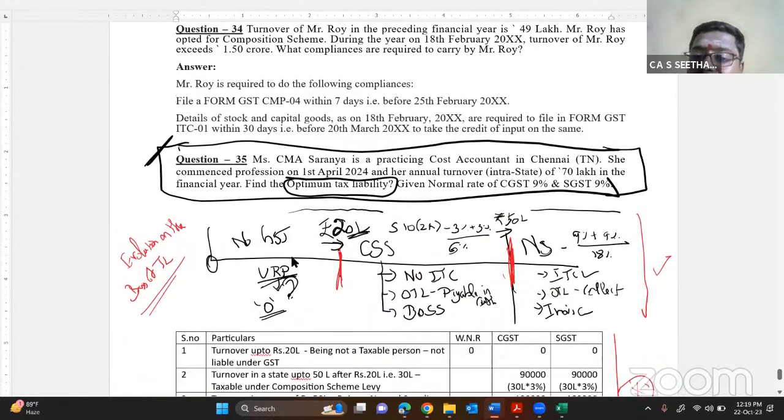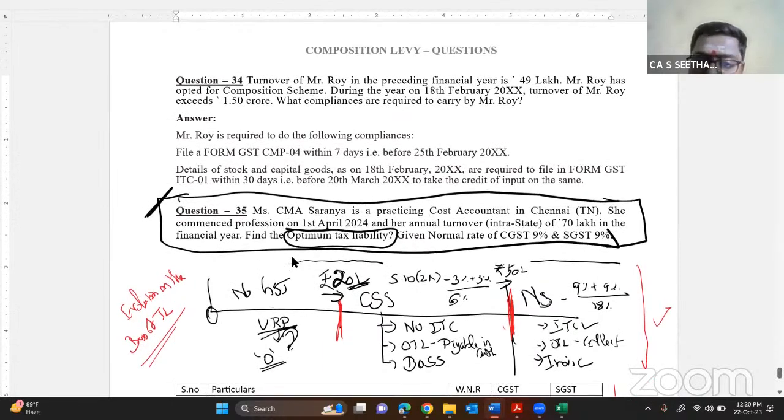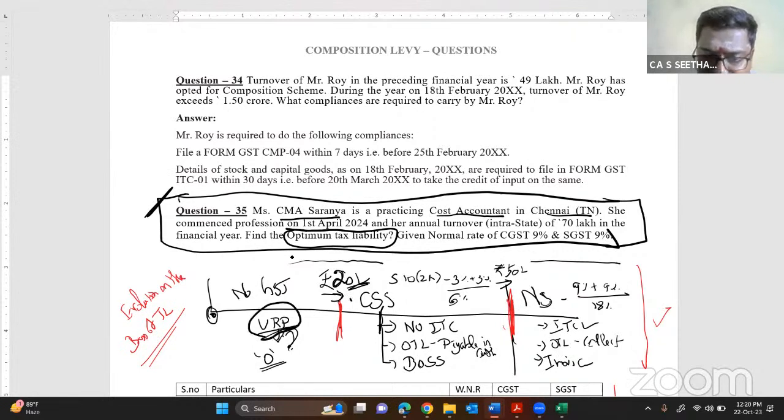Look at this timeline. When Saranya started the business, up to 20 lakhs, because she's in Tamil Nadu and cost accountancy is a service provision, the threshold limit from the registration chapter is 20 lakhs. So up to 20 lakhs, she will be an unregistered person, with no GST liability.